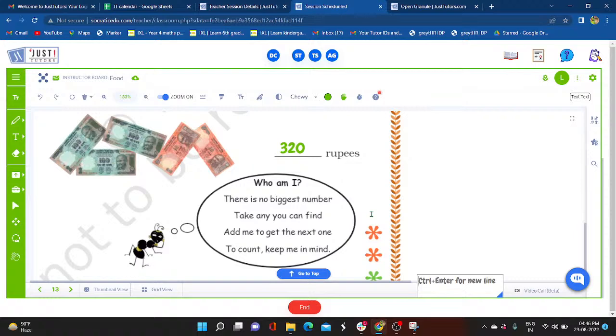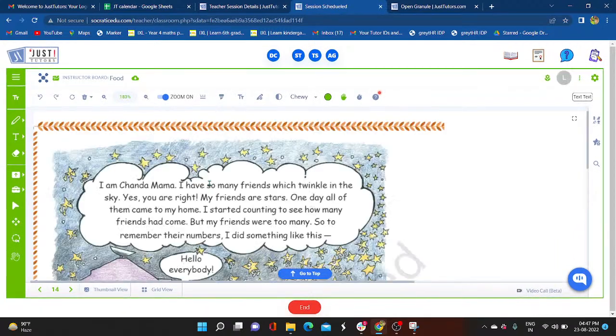So there's no biggest number that we can say we have. If we keep on adding one every time to any number, that would keep on going. We would never come to an end with the counting of numbers.